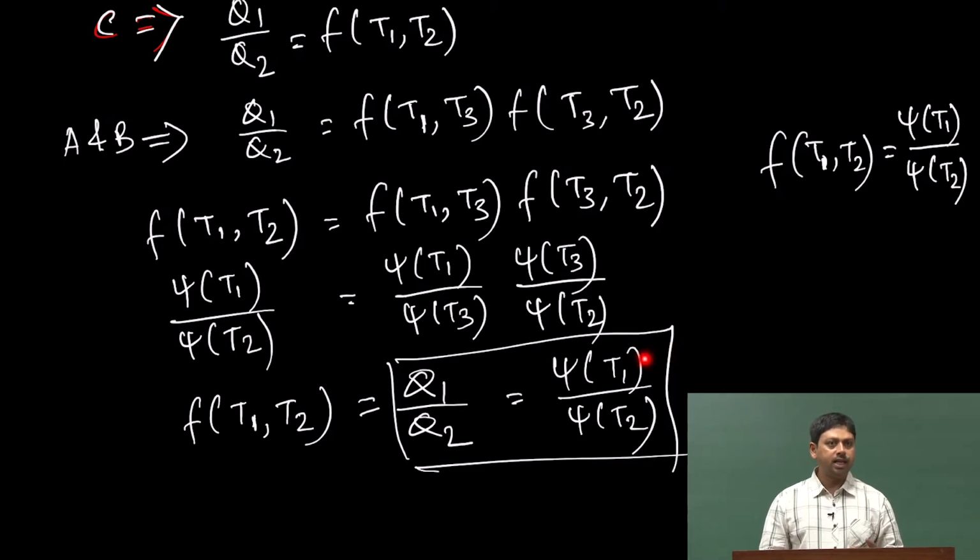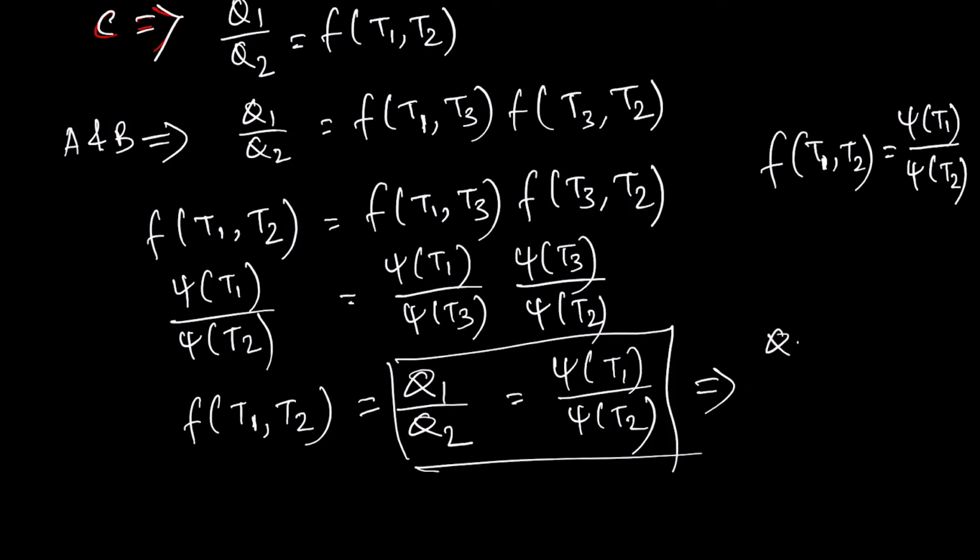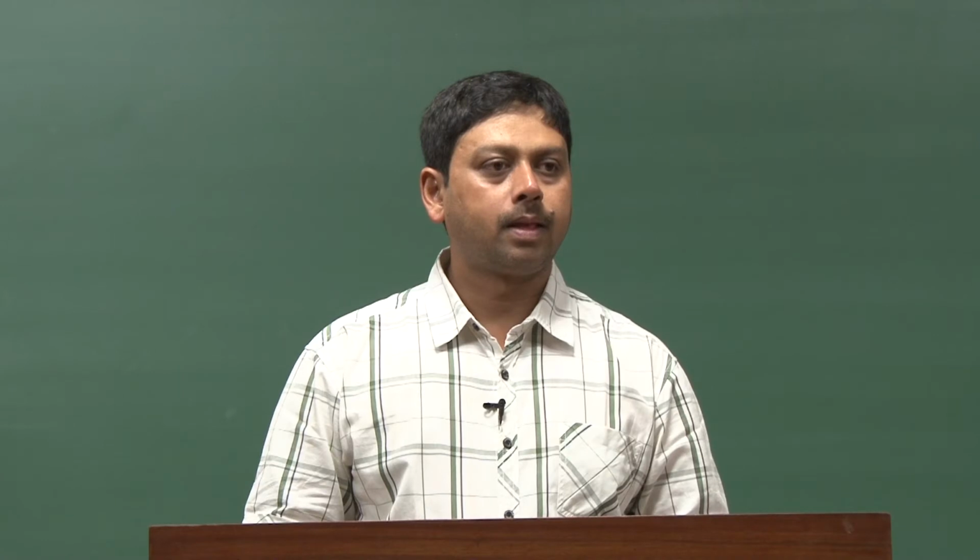Now, Kelvin used a linear function, we can use some linear function which changes with T 1. Now, if you use a linear function, or we can call this psi T 1 itself as T 1, then we can say that the ratios of heat input and output are related to the ratios of two thermodynamic temperatures. You only need one specific point in order to determine the other temperature.